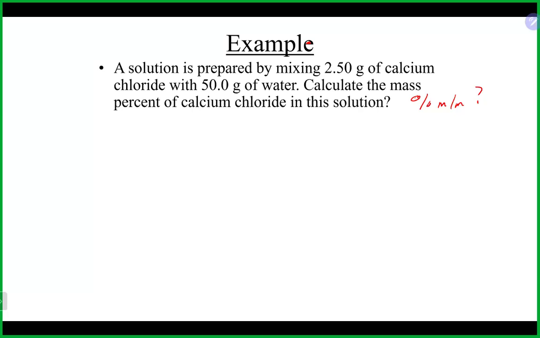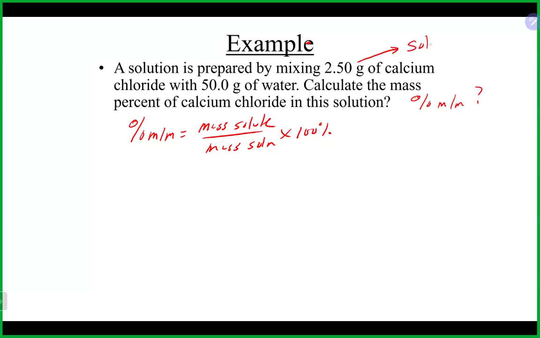Okay, let's take a look. In this case, we're looking for the percent mass to mass, and this is the mass of the solute divided by the mass of the solution times 100%. In this case, we have 2.5 grams of calcium chloride.